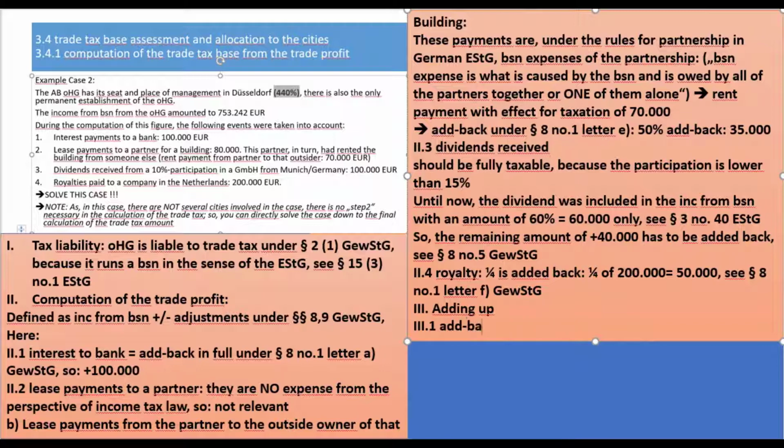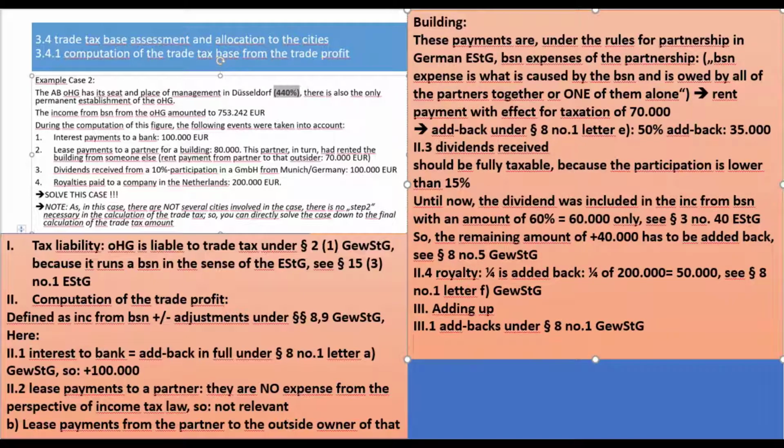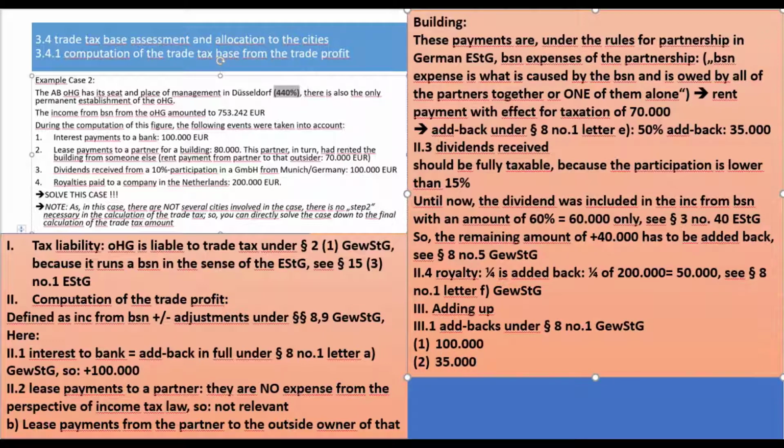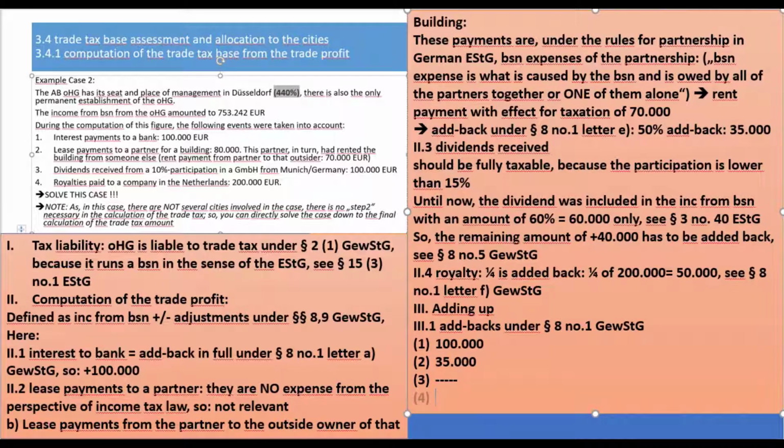3.1. The add backs under paragraph 8 number 1 have to be calculated in advance and separately, because you are not allowed to mix them up with the rest. So what do we have here? Because of number 1, 100,000. Because of number 2, 35,000. You know, only the rent payment to the outside accounted. Because of number 3, nothing. Because of number 4, 50,000. Okay?